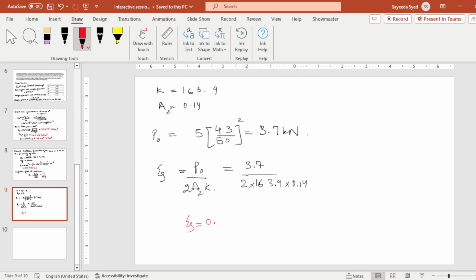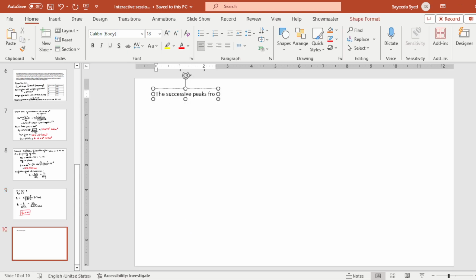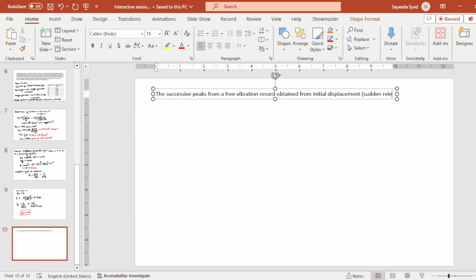Okay, so the successive peaks from a free vibration record obtained from initial displacement or sudden release test on a block resting on soil are tabulated below.